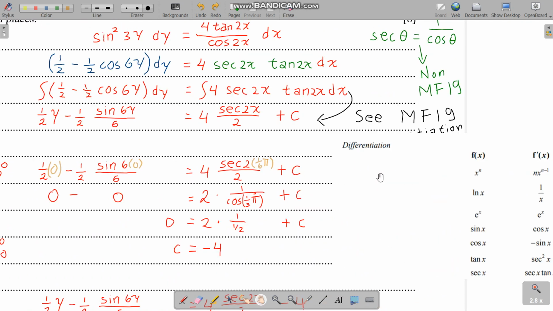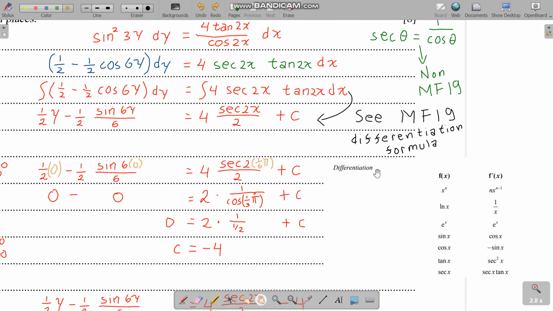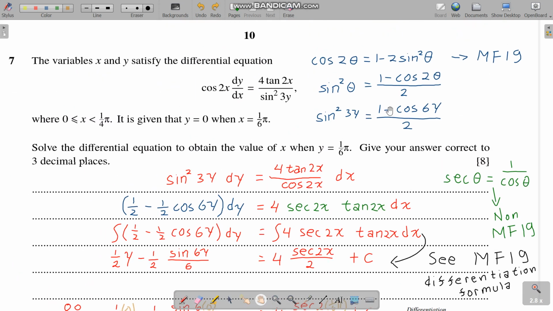Now if we multiply both sides by dx, they're going to cancel out, so we have dx on the right like this.